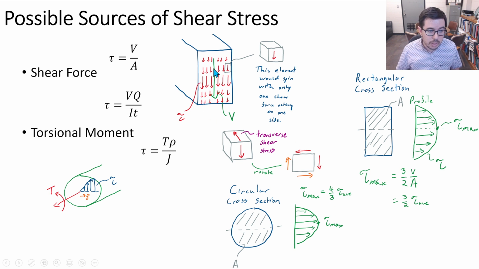So we can figure out the average shear stress by dividing V by the cross-sectional area, and then it's just 4/3 times that average. It's a very useful equation. It saves a lot of time, and will save us quite a bit of time as we do some examples here.